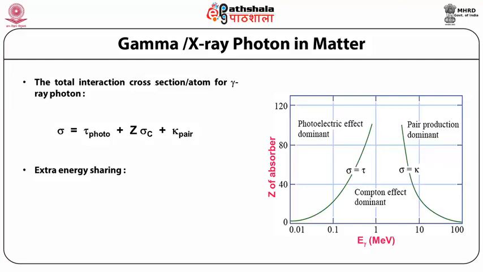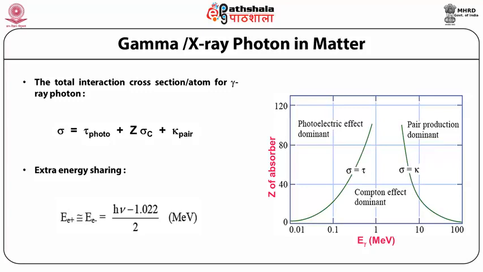It is given by the equation: energy of positron is nearly equal to energy of electron, which is equal to h nu minus 1.022 by 2 MeV. We can clearly see that the positron and electron almost get equal share of energy when the energy of the incoming photon is greater than 1.02 MeV.